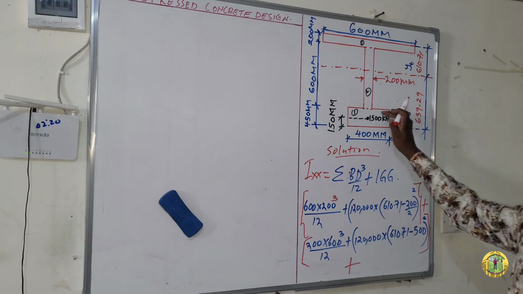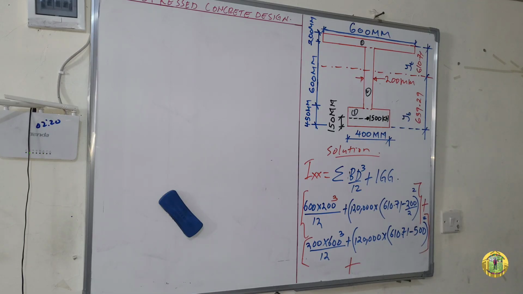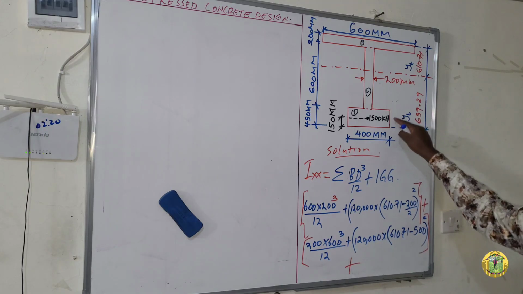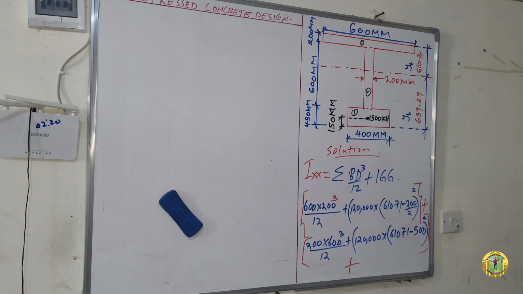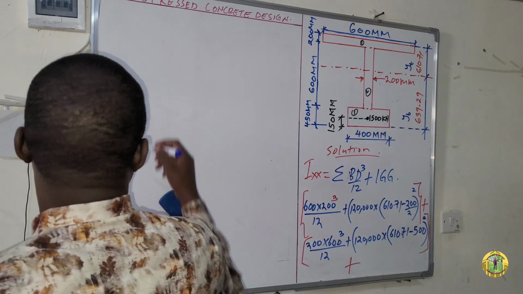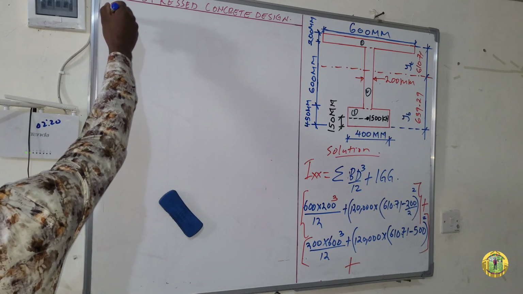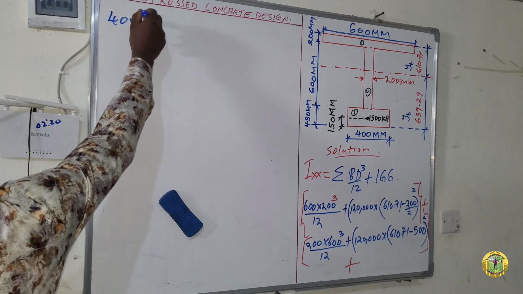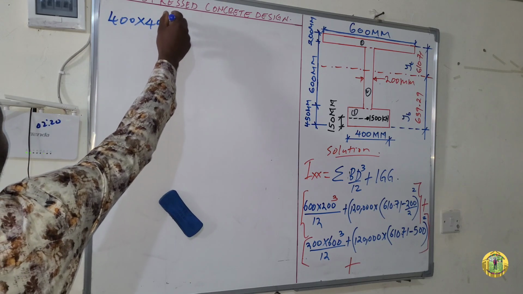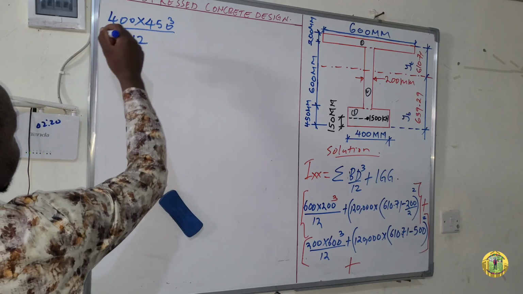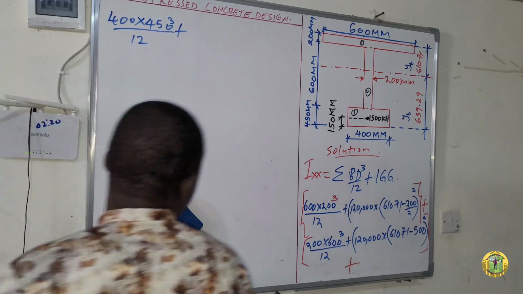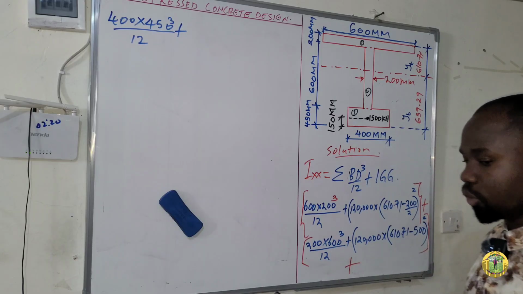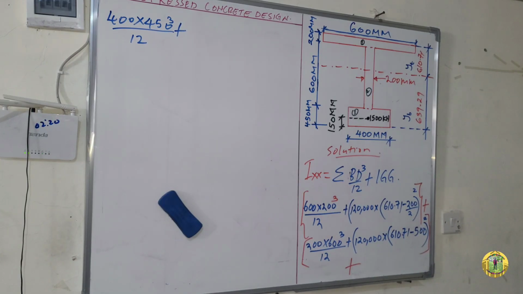we come now to the last one. The bd cubed is, d is 450 and b is 400. So this one is equal to 400 times 450 cubed all over 12. And then plus the area is 400 times 450, which is 180,000.